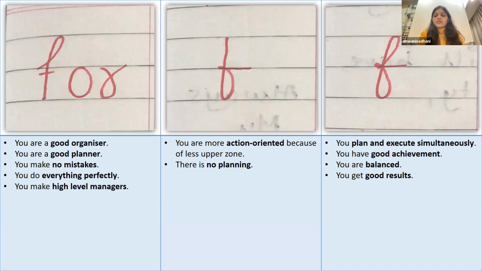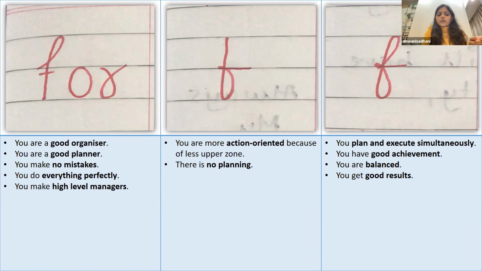Also, because their upper zone is good, because their planning is good, and we had also done that the upper zone is for ideas, right? So these people would be good in any job which involves mental faculties. For example, being a math teacher, or anything which involves a lot of mental capacity.